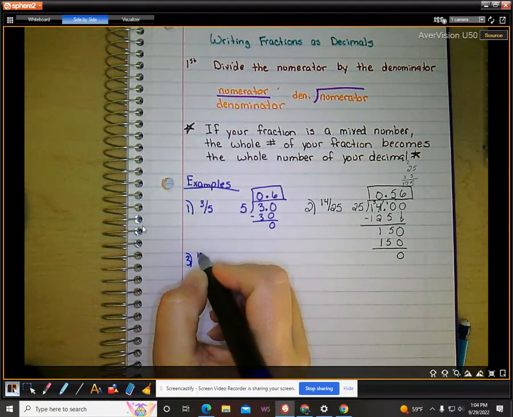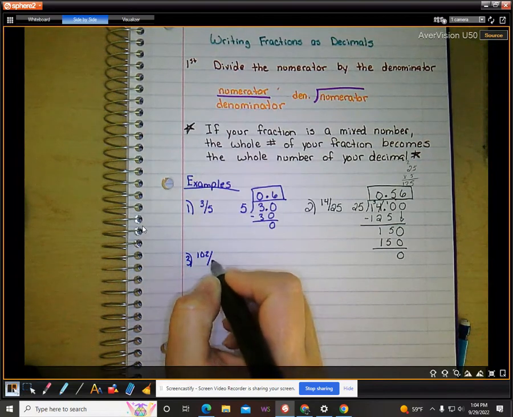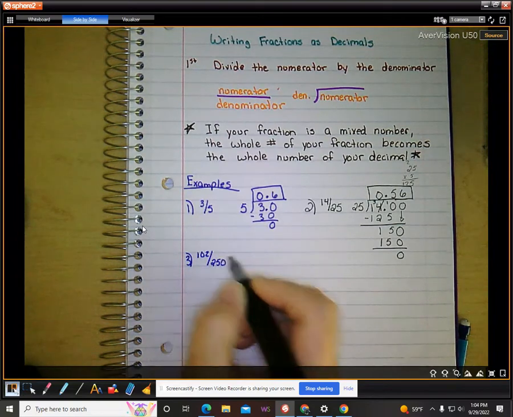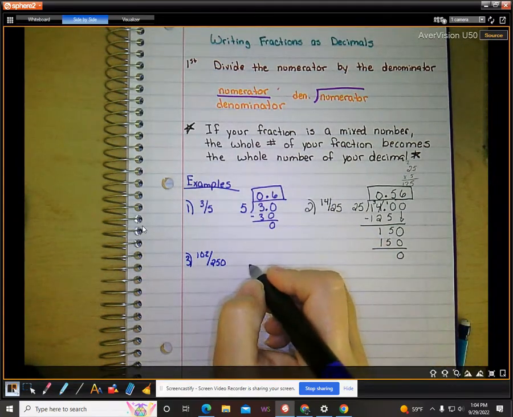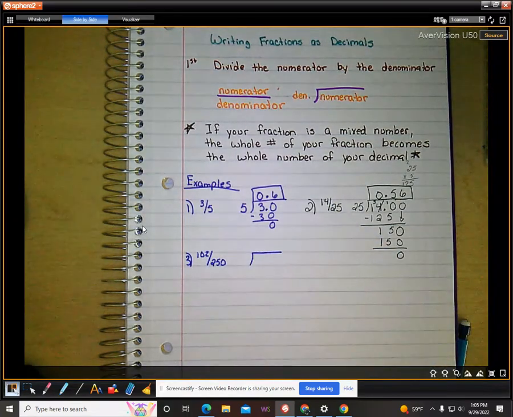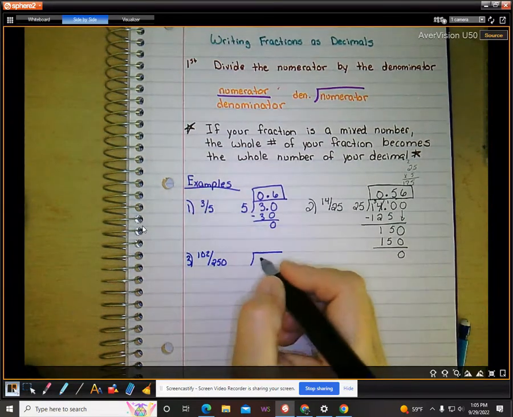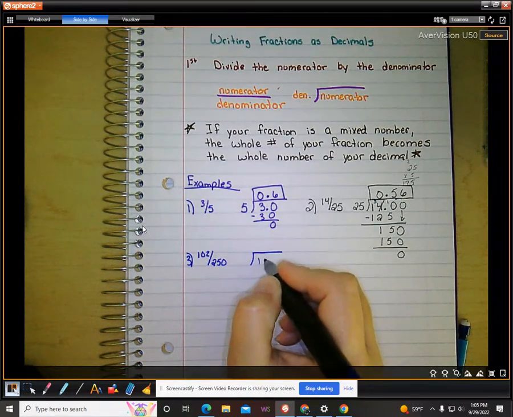Number 3, if I have the fraction 102/250ths. It's going to be division. Numerator divided by denominator. Which number goes on the inside becoming our dividend? Alicia? 102.